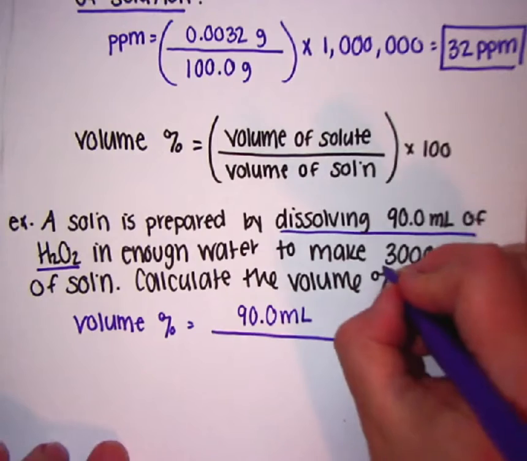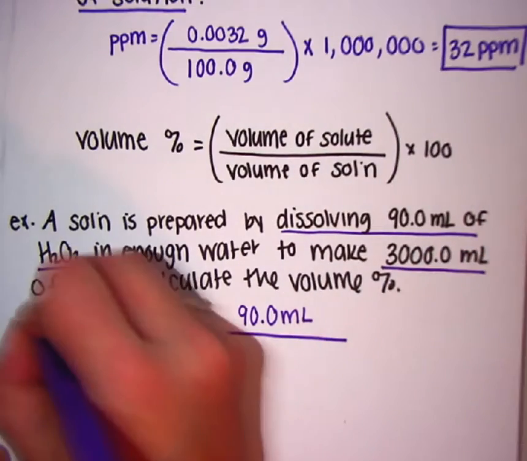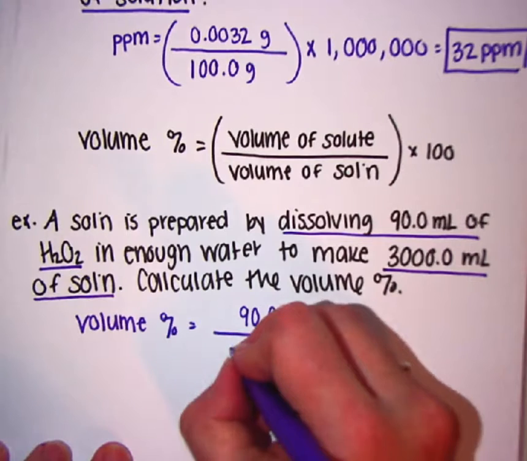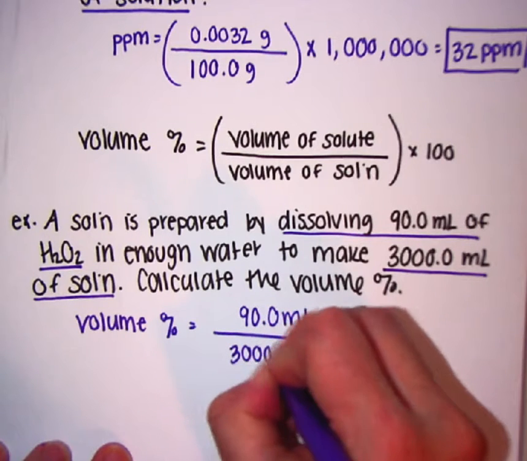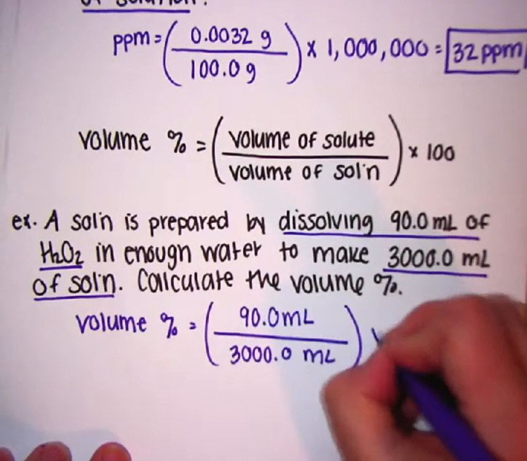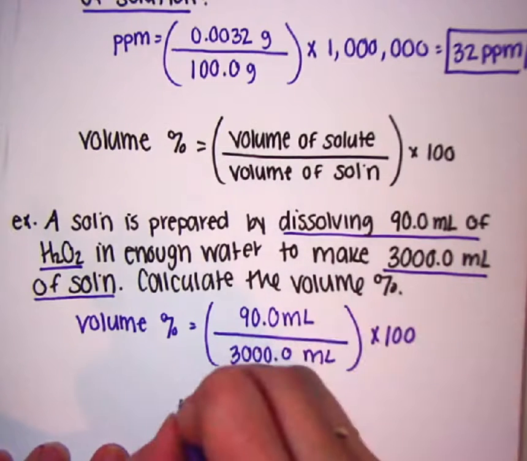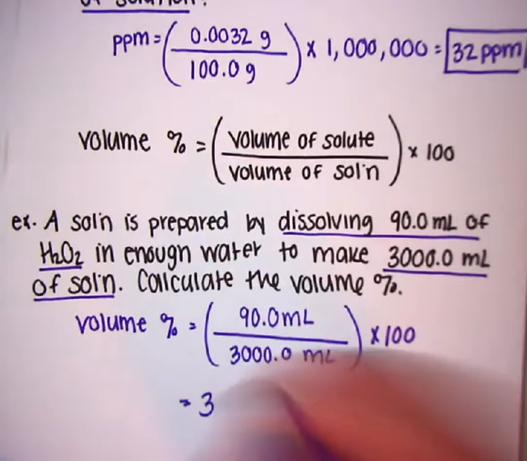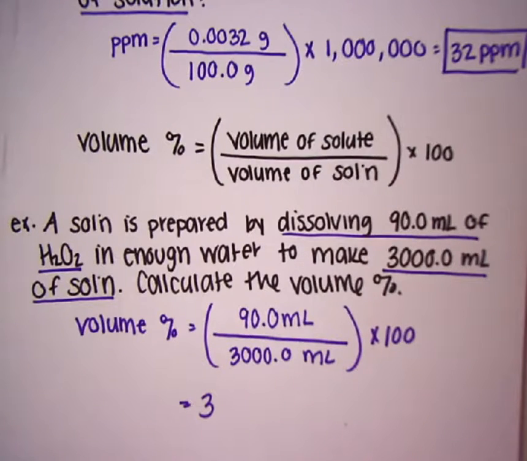In this case, we are dissolving it in 3,000 milliliters of solution. So my volume of the solution is 3,000 milliliters. And then we want to multiply by 100 to get it to percent form. So when we plug it in our calculator, we get 3.